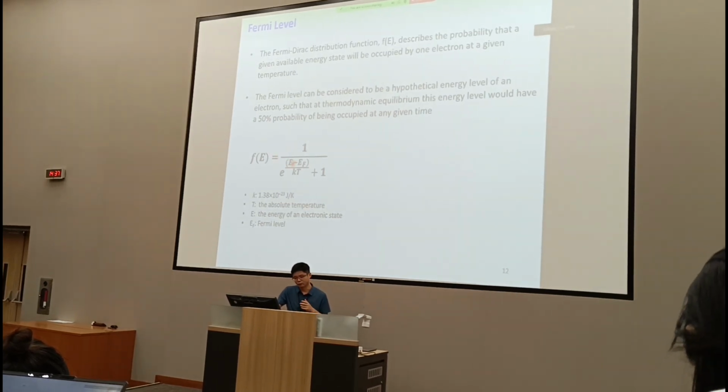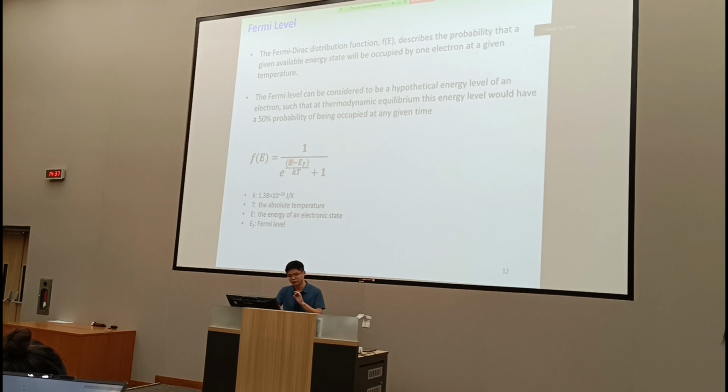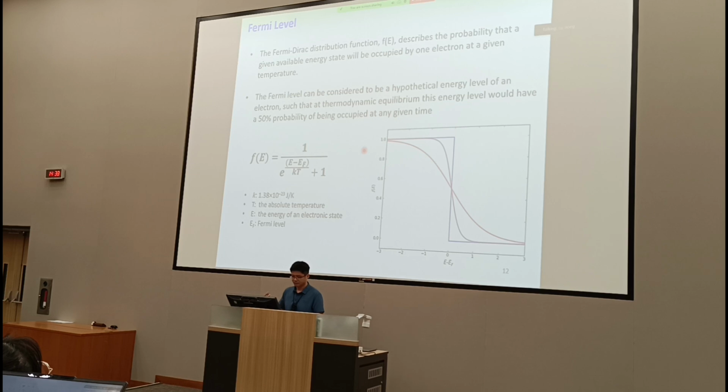If you have an energy level E, with respect to this hypothetical level, and it is right at the Fermi level, then when E equals EF, this term will be 0, so the denominator is 2. You get this 50% occupation. This is the state right at the Fermi energy.